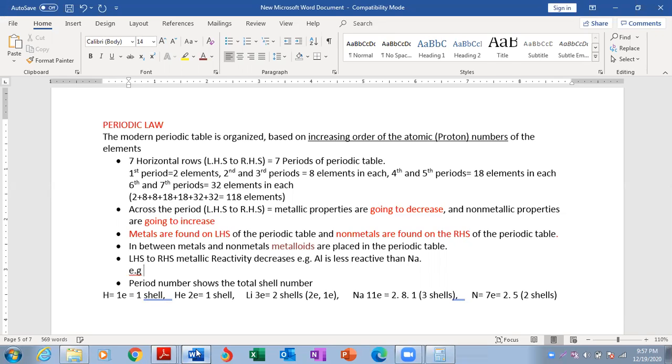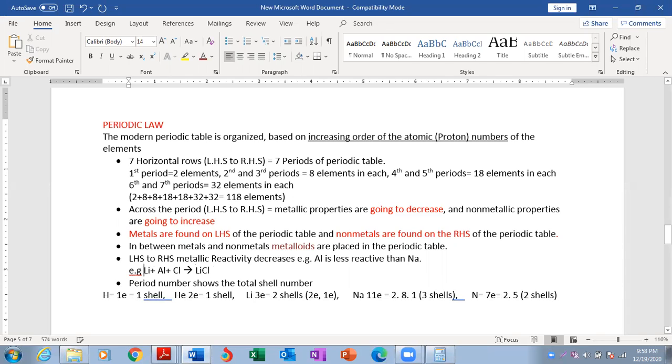For example, if you have three things: lithium, aluminium, and chlorine. Which substance will react with the chlorine? Definitely lithium will react and form lithium chloride.